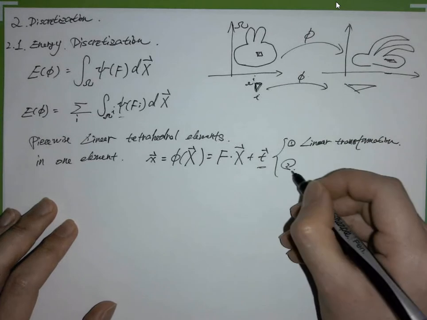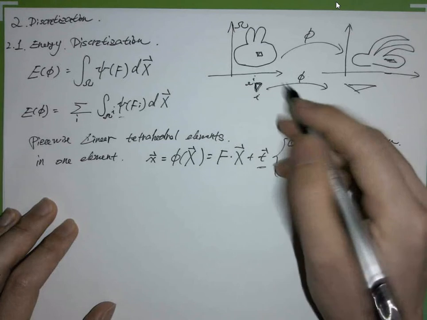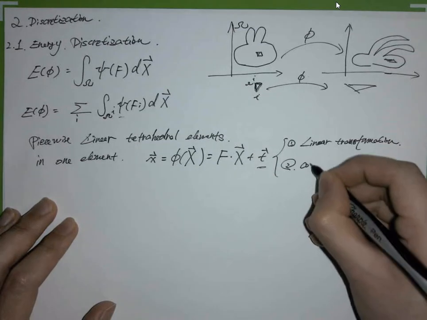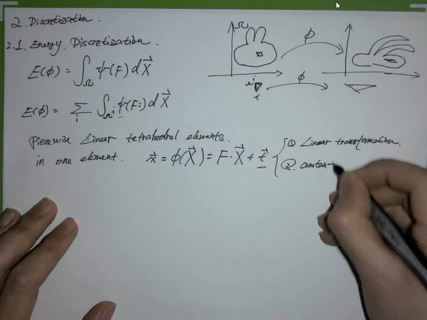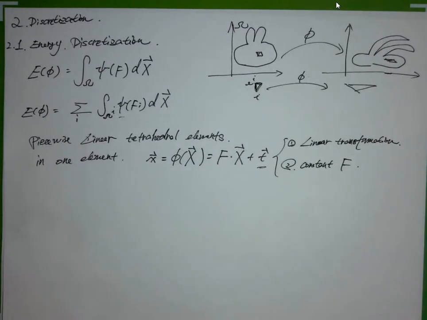The second part is that F is constant within one element. Because we are discretizing it into really small pieces, we can assume that inside each piece, F is constant. I think it's a fair assumption for a simulation.